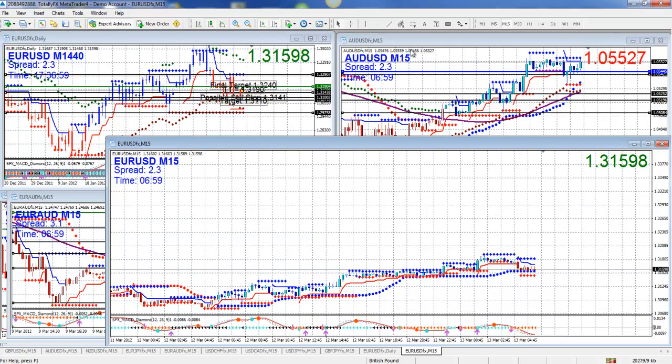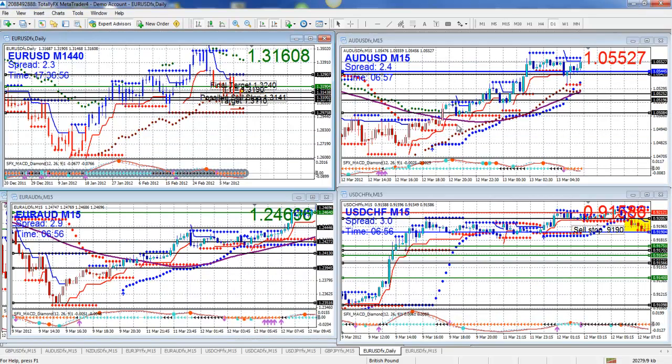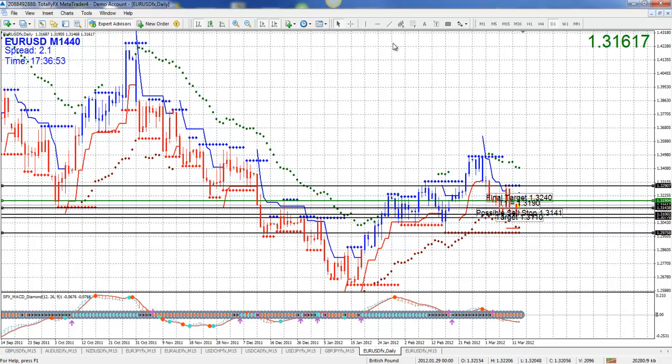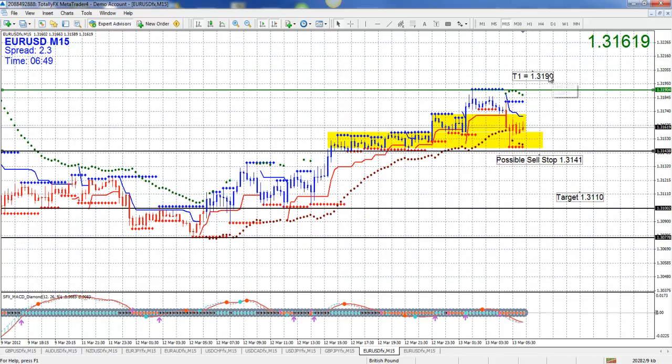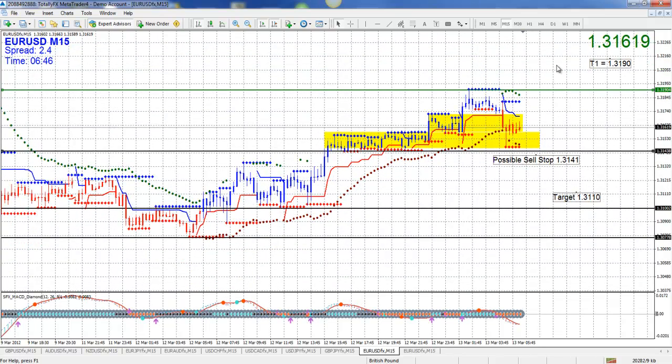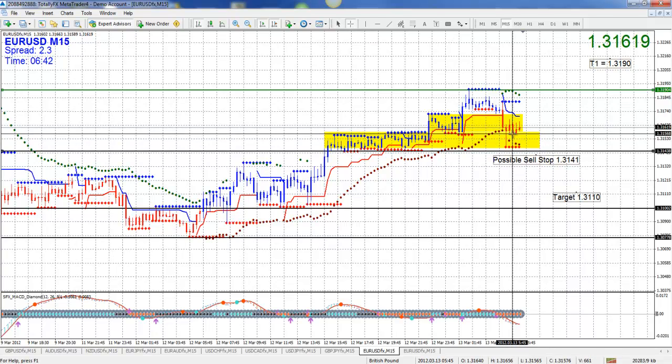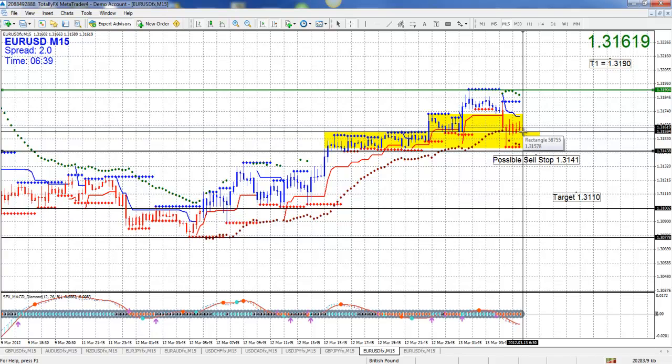Okay, so the 15-minute chart is where I had all my write-ups and all my notes. So this is where we are, guys. Like I said, this is our current box. We have two boxes here. This is the top box.